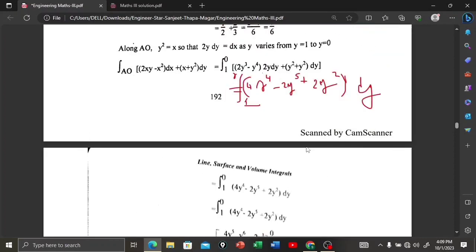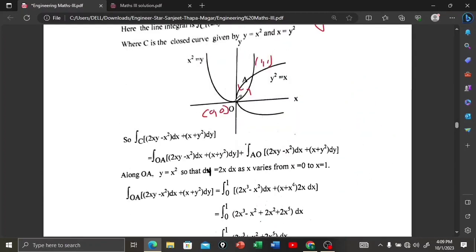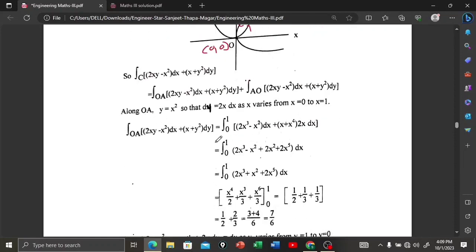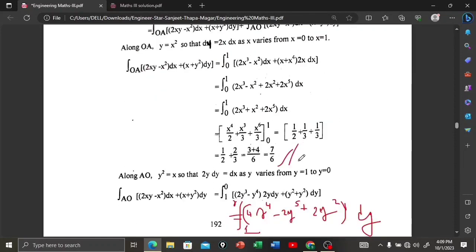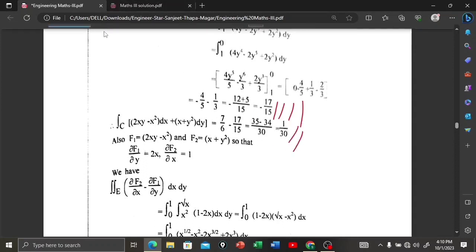So the total, along OA and AO, it is along OA 7 by 6 plus minus 17 by 15. It is 1 by 30.